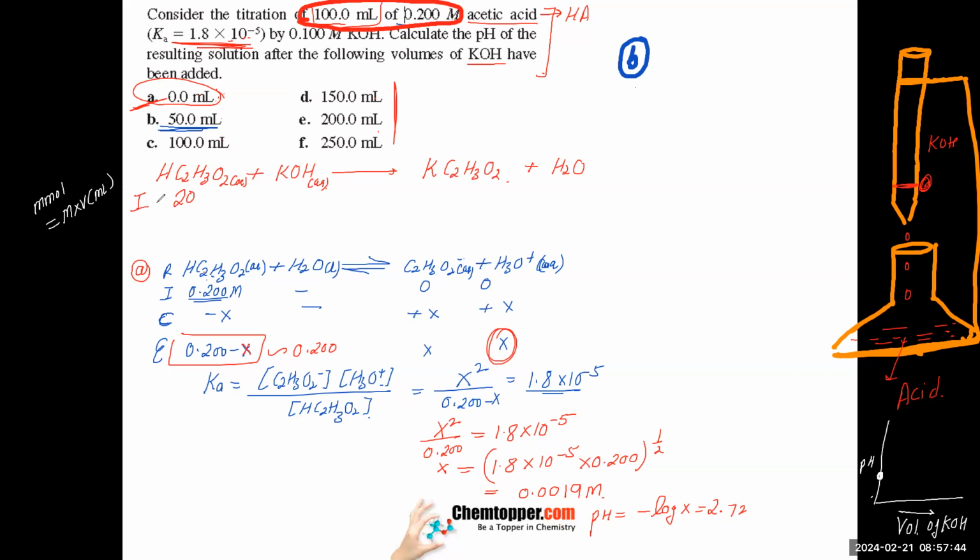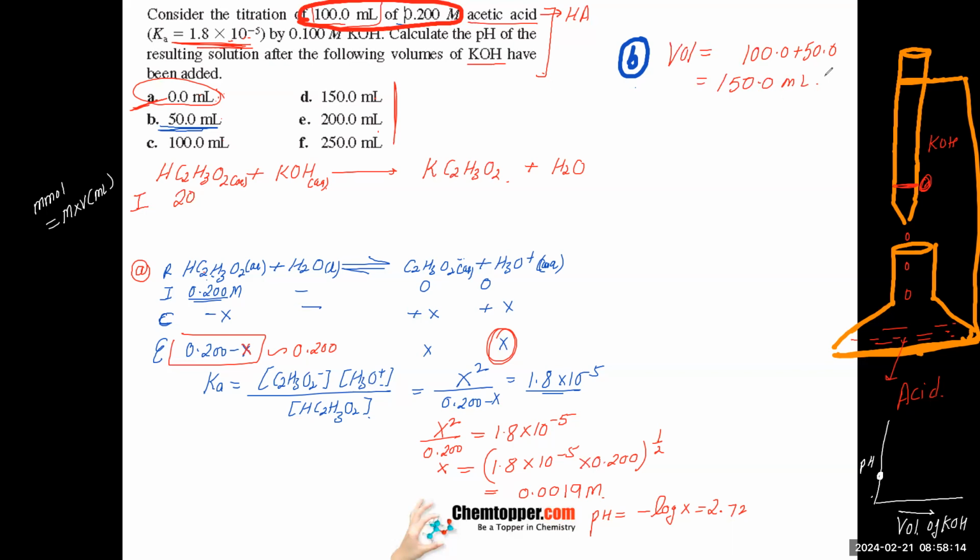Now I've started working with millimoles because we are mixing KOH with acetic acid, so the volume is changing. And what's the new volume, children? New volume is 100 plus 50. I'm going to place a decimal with 10. That's the sig fig rule for volumes in addition and subtraction.